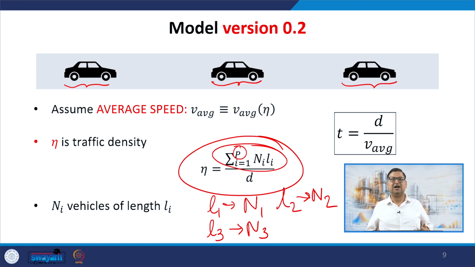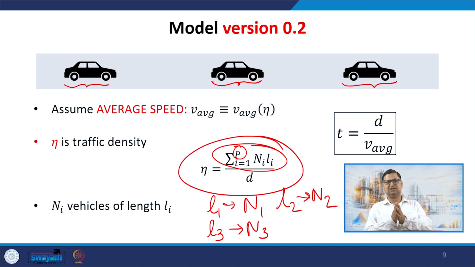So as eta increases, we have more and more coverage of the road by the vehicles. In the extreme case, when eta is equal to 1, the entire road is covered by the cars. That pretty much means a condition of traffic jam, in fact the worst possible jam, because every vehicle is touching each other, right.